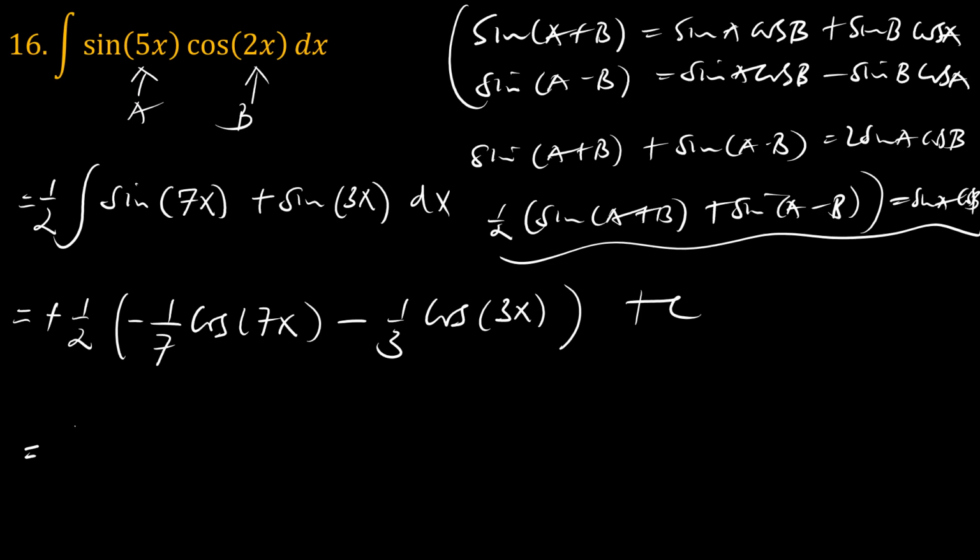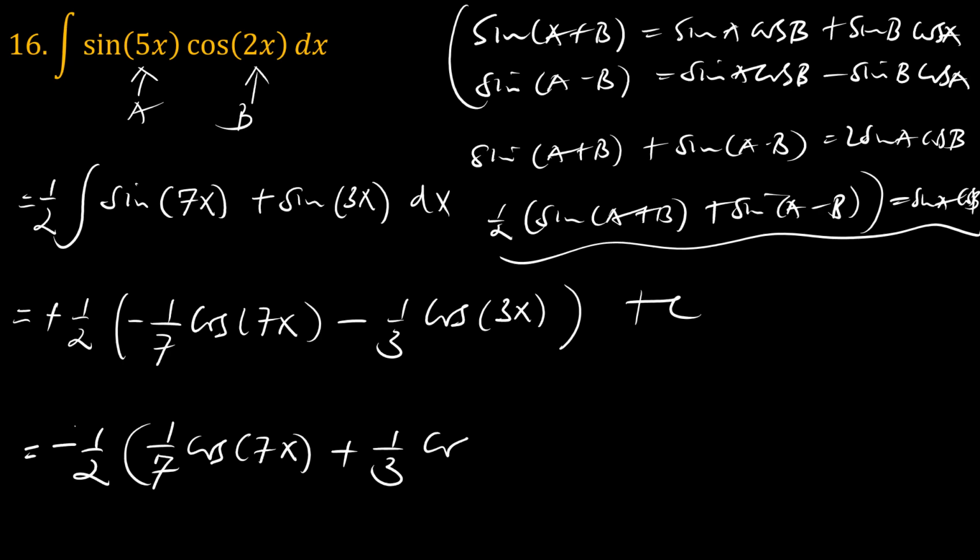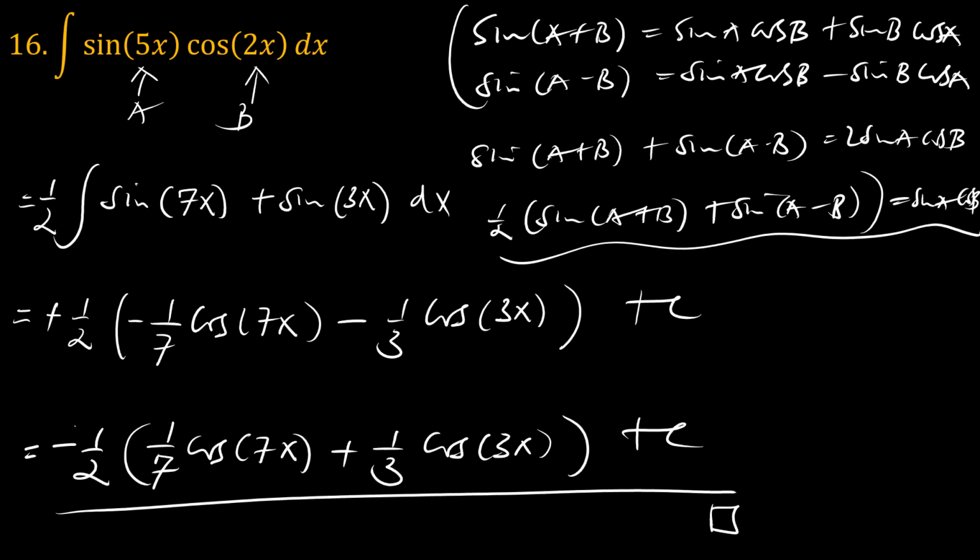But yeah, this is negative a half, 1 over 7 cosine of 7x plus 1 over 3 cosine of 3x, okay, plus c. And that's it.